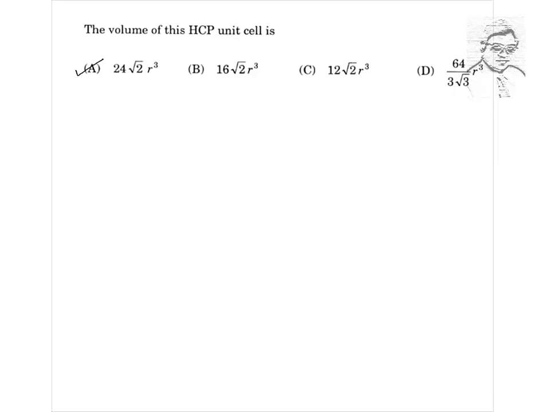You are getting 33 r³ by that method. Okay. So if you are getting 33 r³ by that method, then let us check the options. Option A is 24 into √2, which is 33.94.